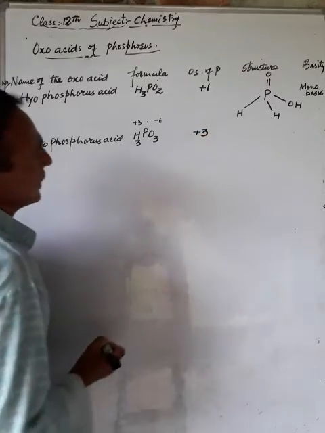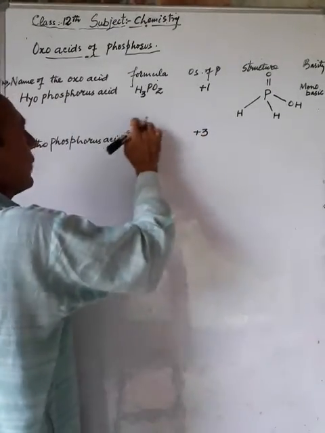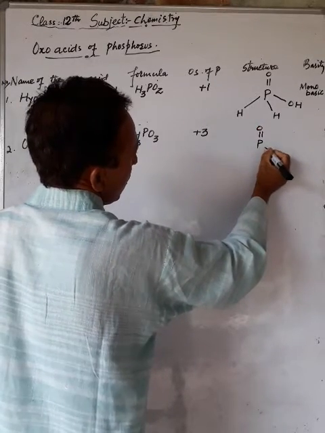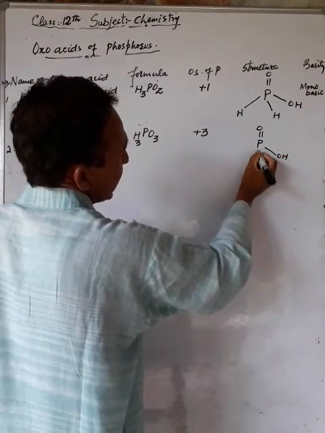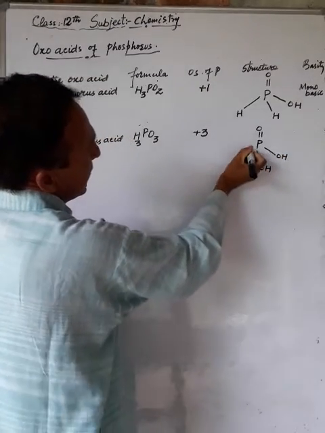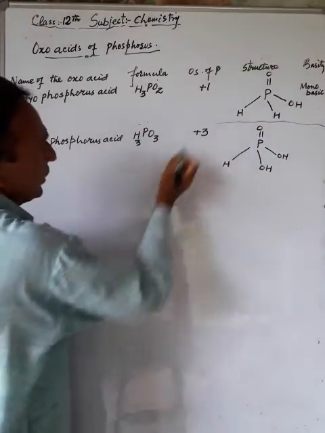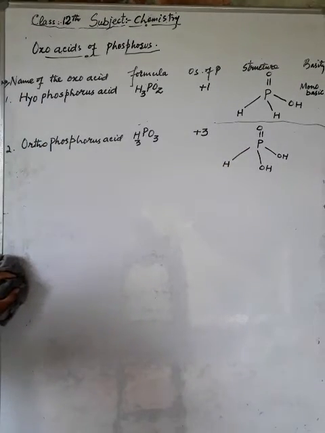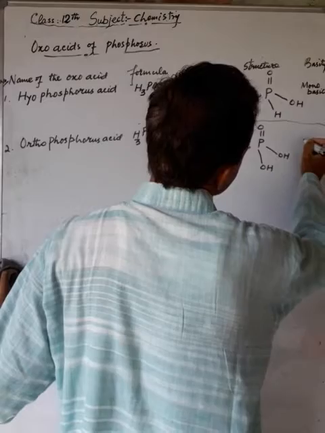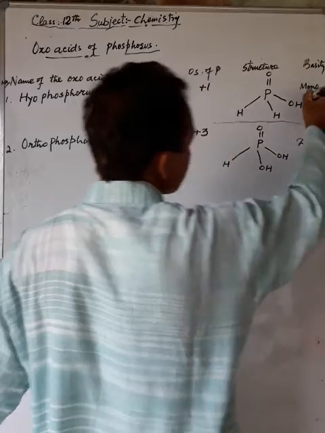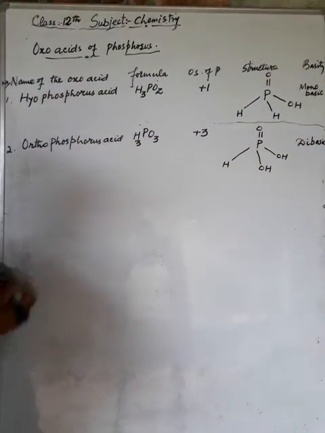The structure is P, double bond O, OH, here again we have OH and hydrogen. So in this orthophosphorus acid we have 2 OH groups linked to the phosphorus, so its basicity is 2, it is dibasic.